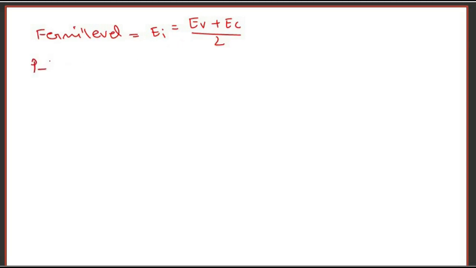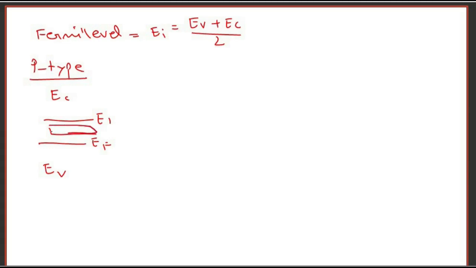For example, if the semiconductor is P-type, we have conduction band here EC and valence band here EV, and EF will be here and EI will be here, and there will be a band in between. This is EA, acceptor band.